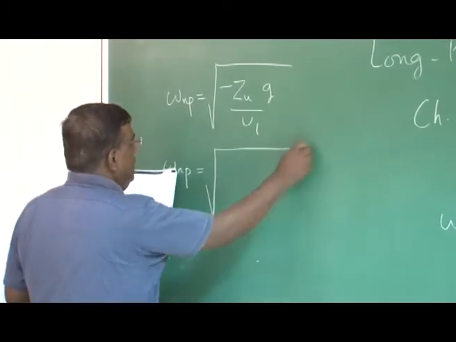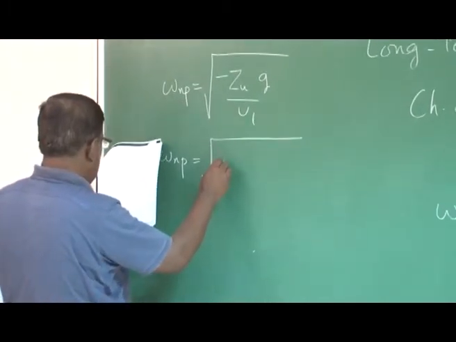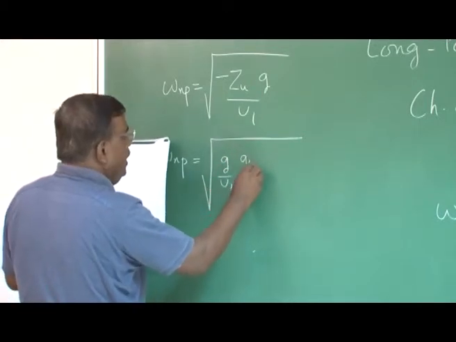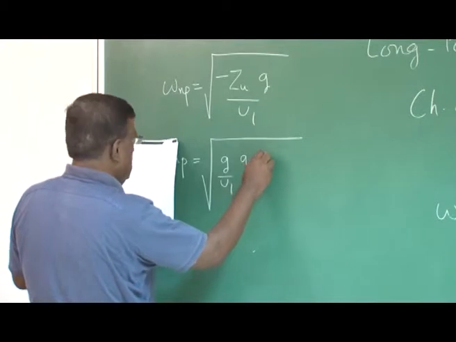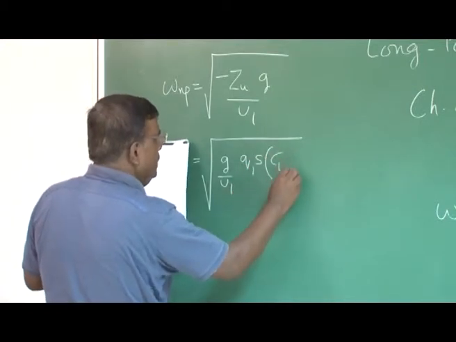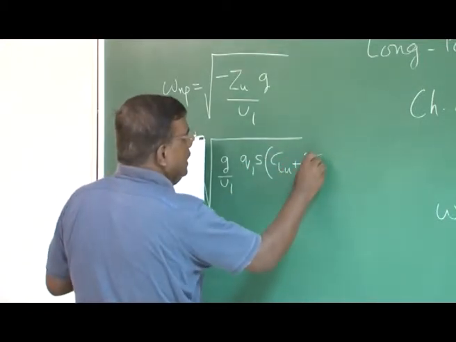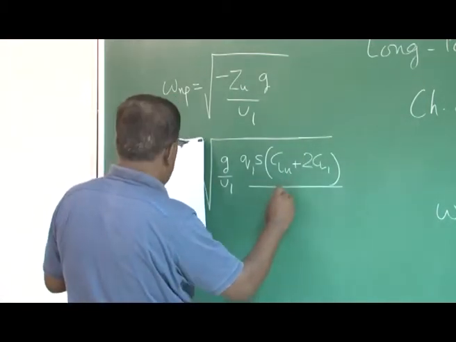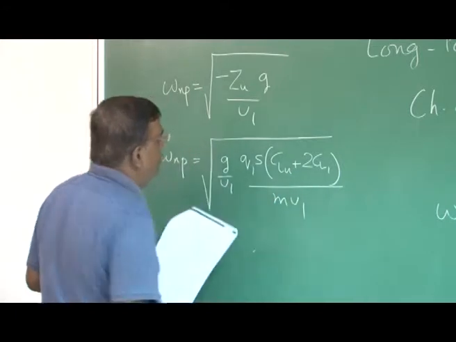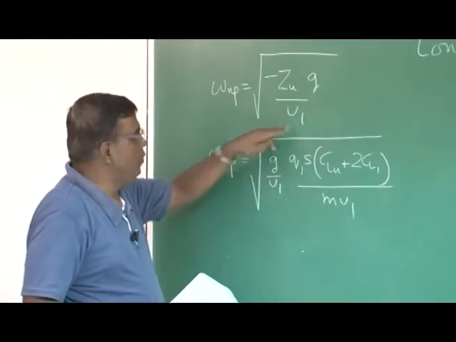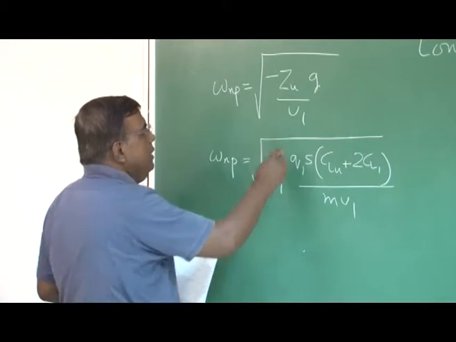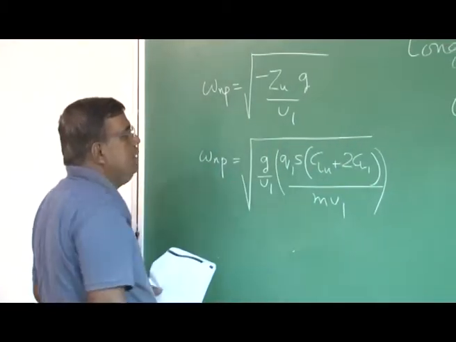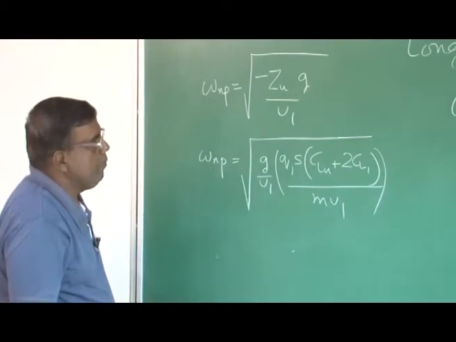So we will get, it is something like this, g by U1 into Q1 S by m, into CLu plus 2 CL1, divided by mu1. What I have done, g by U1 is this one, and this is the expression of Zu, where there was a minus sign, so minus can become plus. So I get an expression like this.